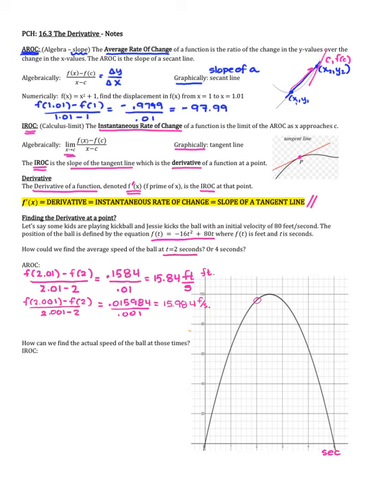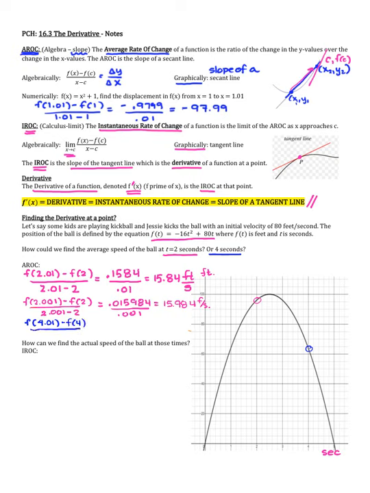If I do the same thing for 4 seconds, which is over here, I can go through the same process. I should have given myself a little more room. I write bigger on the iPad then. So let's say I did 0.01 again.